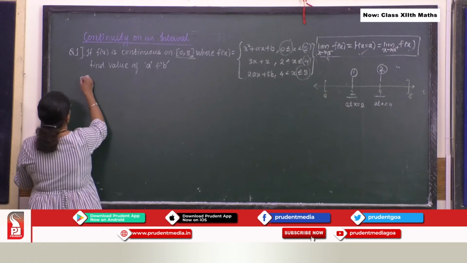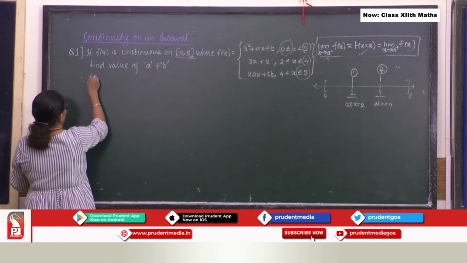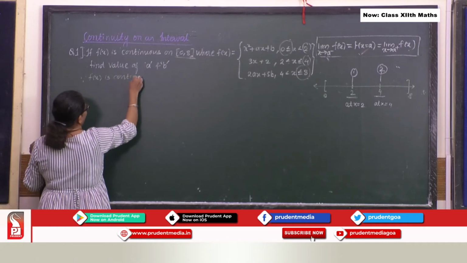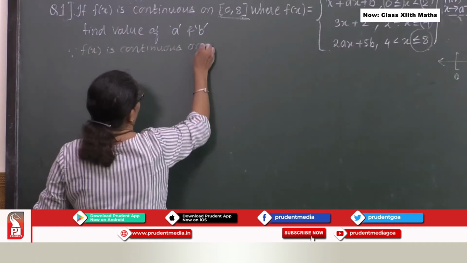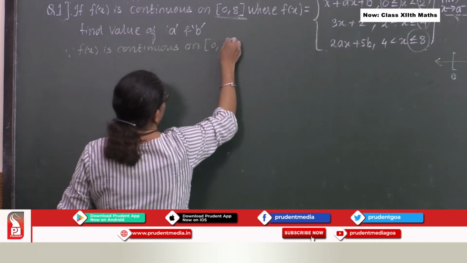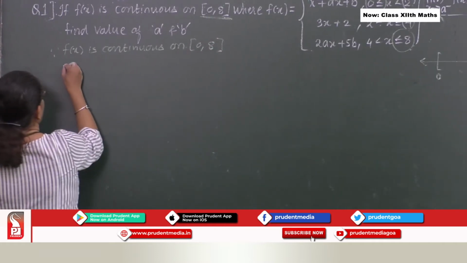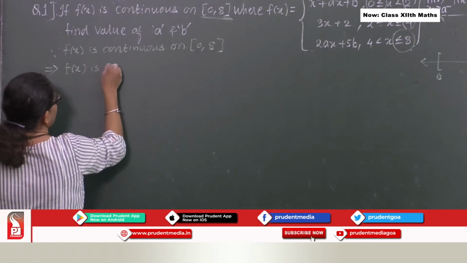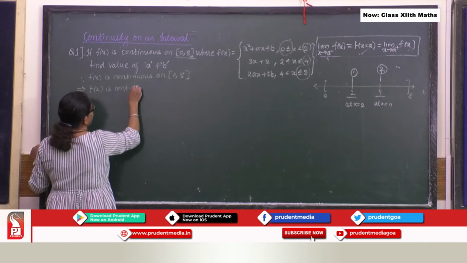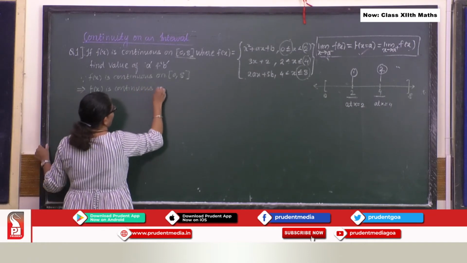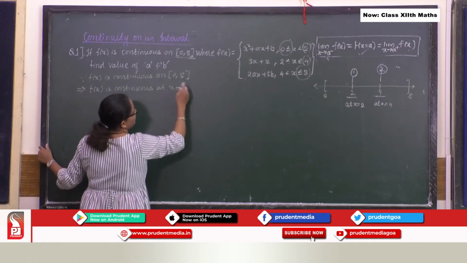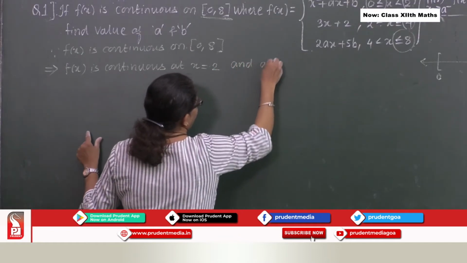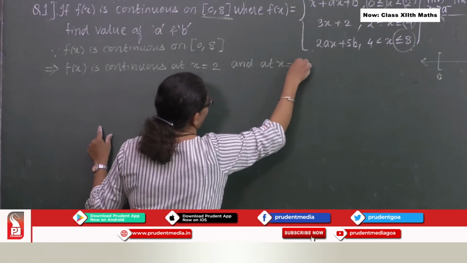Since f of x is continuous on the closed interval 0 to 8, this implies f of x is continuous at x equal to 2 and at x equal to 4.